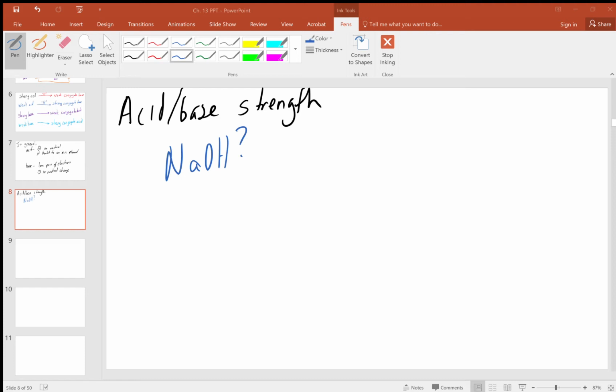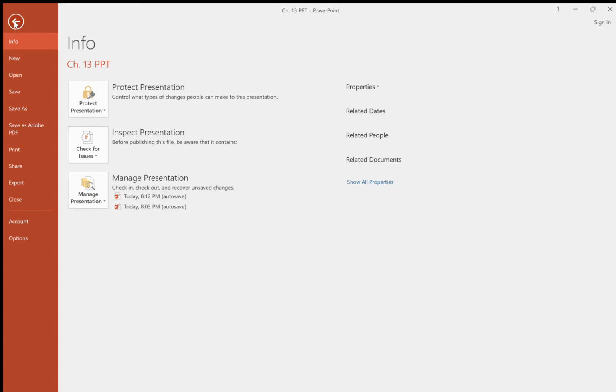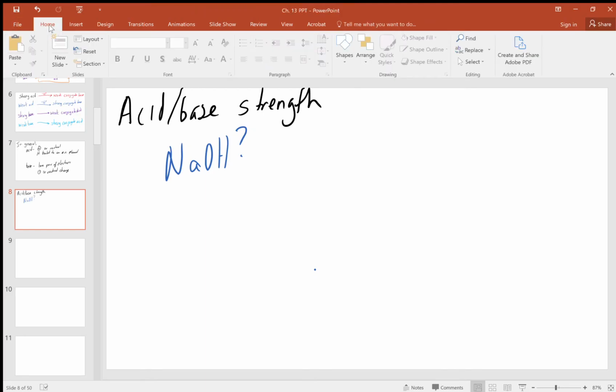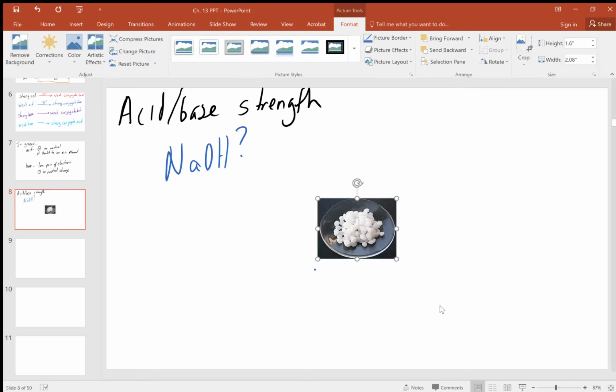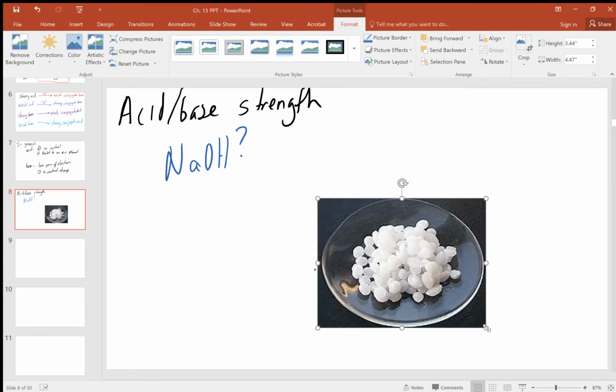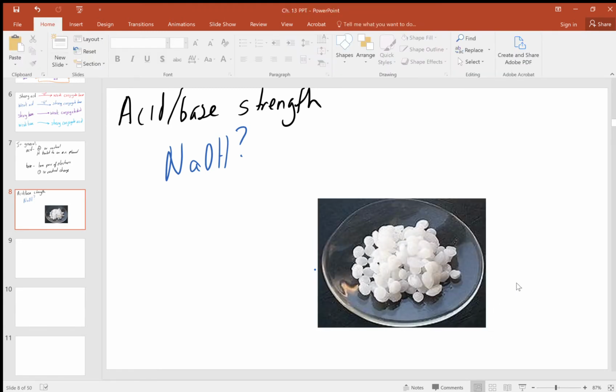And is it easy to handle? So that's a picture of some sodium hydroxide. It's a white solid, and if you leave it sitting around out in the air in the room, it'll still be there days, weeks, months from now.